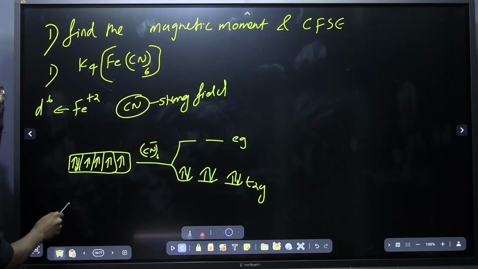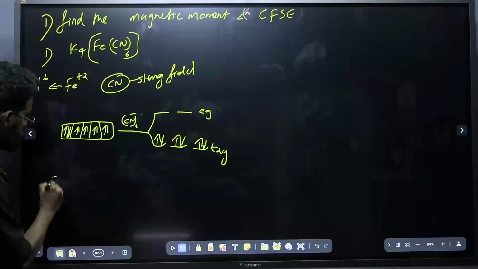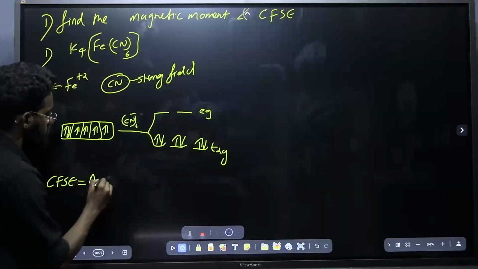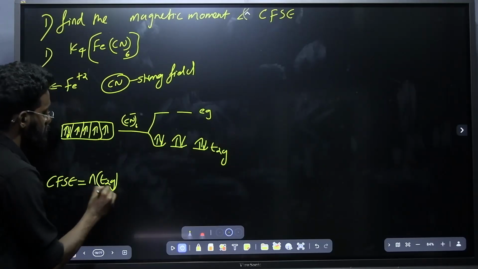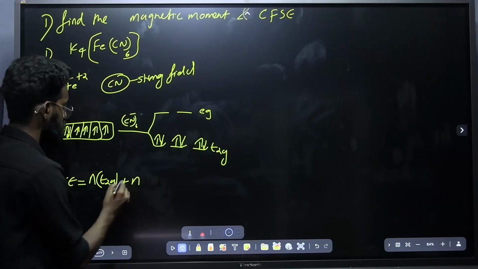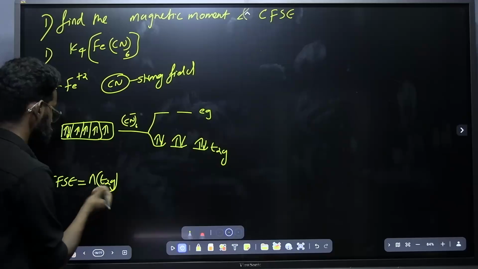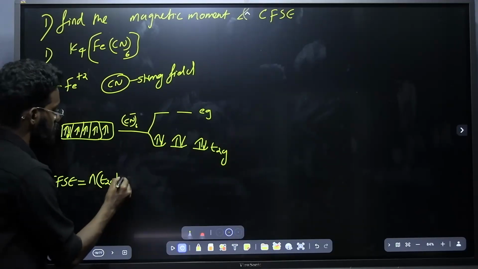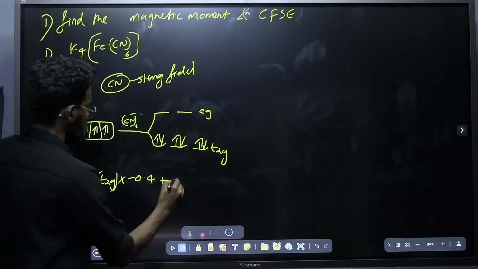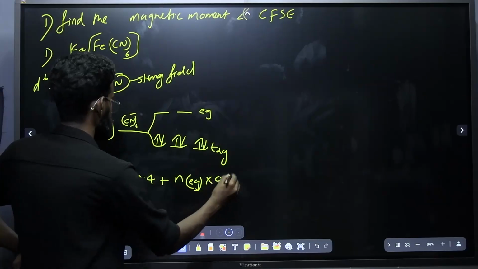Okay, now we can find out the CFSE. How to calculate the CFSE? Number of electrons in t2g into minus 0.4 plus number of electrons in eg into 0.6.